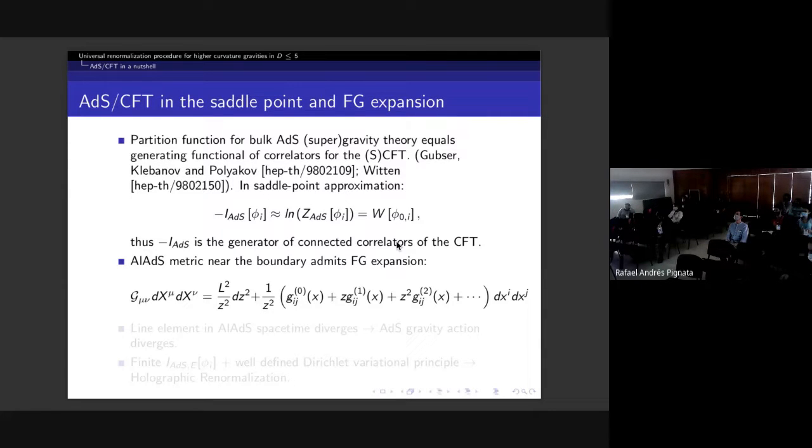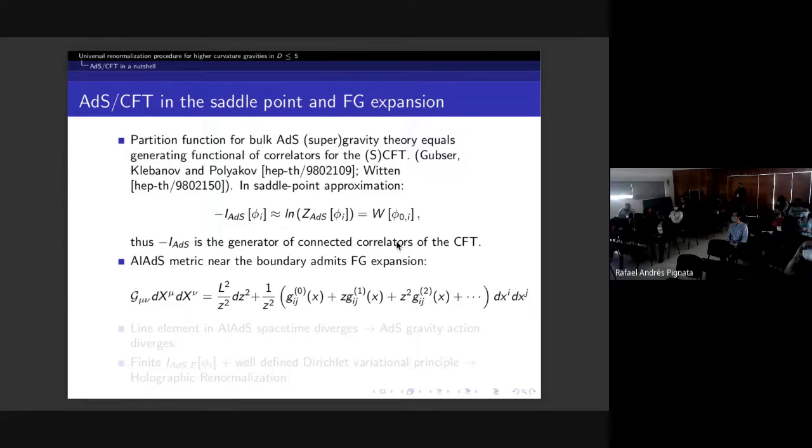In anti-de Sitter spacetime, the line element, the metric interval, diverges near what's called the conformal boundary. This means that the Euclidean section of anti-de Sitter space is like a saddle, so it has infinite volume. It is an open universe. So the volume element diverges the closer you are to the conformal boundary.